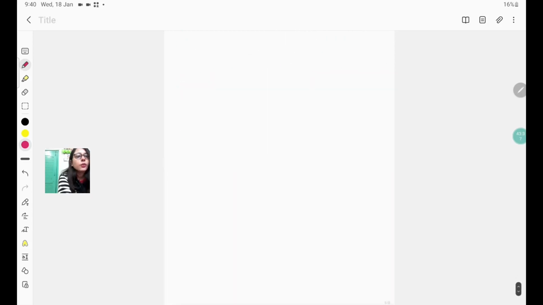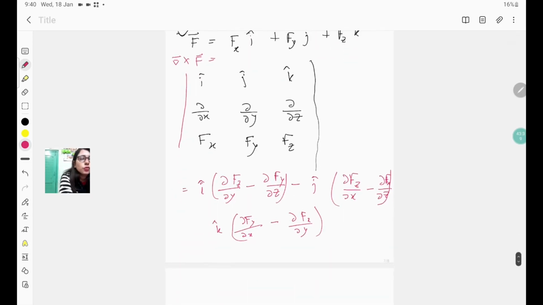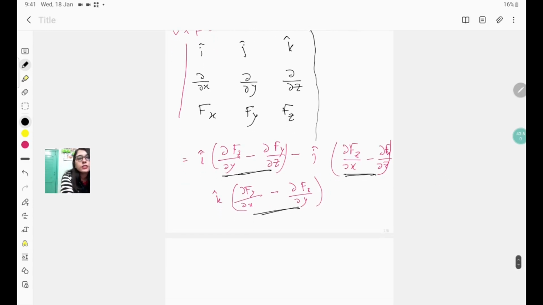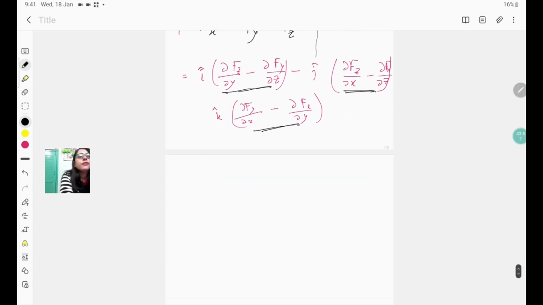Now we have to prove del cross F is equal to 0. That is, if the values of these coefficients are 0, then del cross F is also equal to 0. Suppose we take the first coefficient, the coefficient of i cap. What is it?